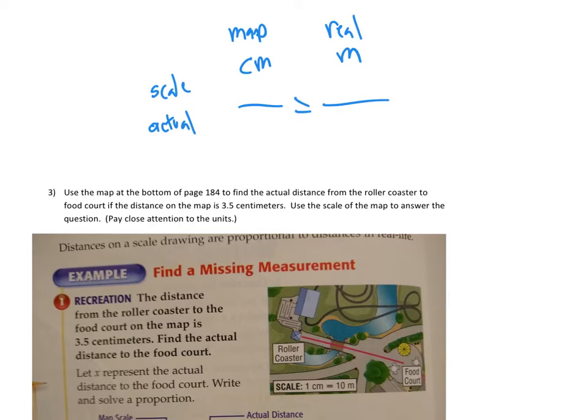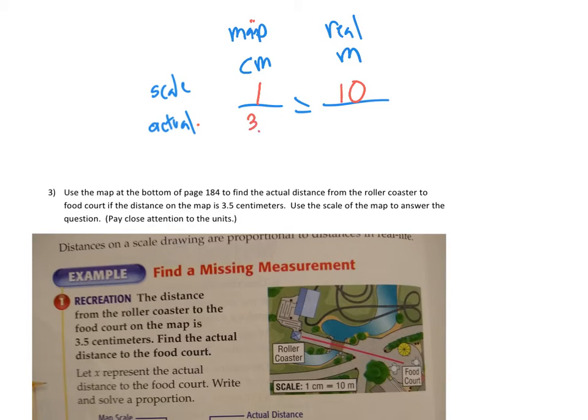In this case we've been told our scale is 1 centimeter on the map is equal to the real distance, which is 10 meters in real life. And what they've told us is that the measurement of that red line is actually 3.5 centimeters on the map. Again, here's my map.